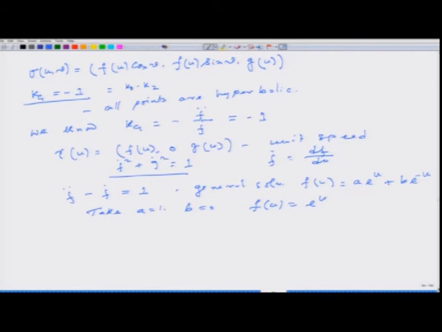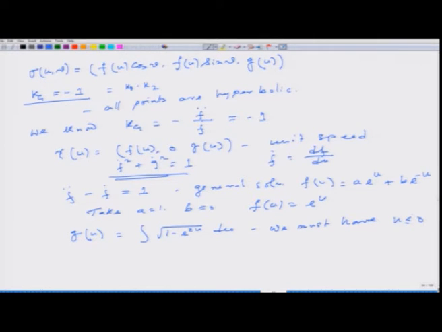And what will be g u then? From this equation g u will be the integral of root of 1 minus e to the power 2u du. Now, you see, for the integral to make sense, we must have u less than or equal to 0.